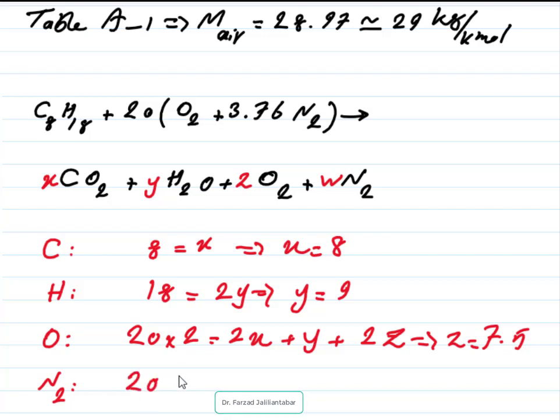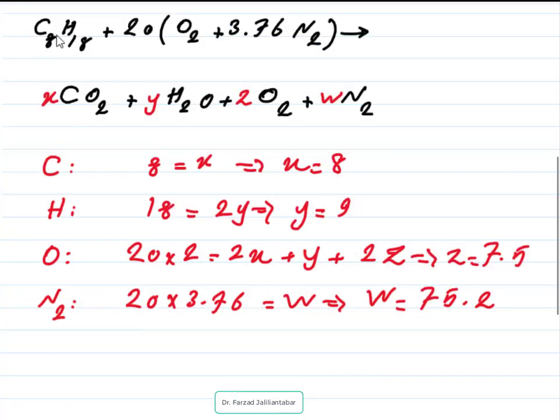As N2 is inert, intact on both sides of this reaction, we can just write 20 times 3.76 equal to W. So W will be 75.2.